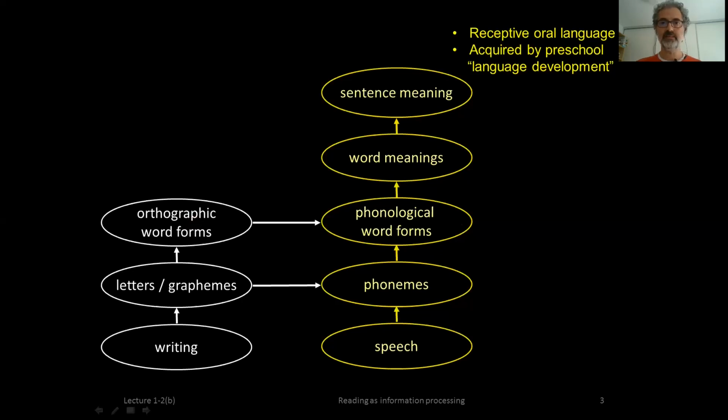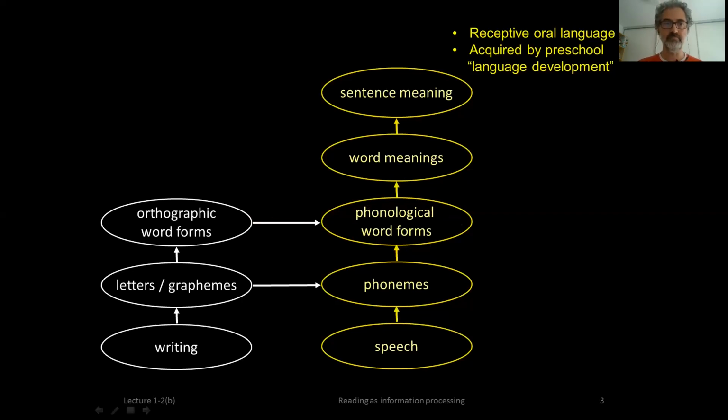And what your mind does when you can read is it can map letters to phonemes, or it can map orthographic word forms, so known sequences of letters, to phonological word forms, so entire spoken forms of words. So your mind can link these things, and by learning these links, you learn to read.